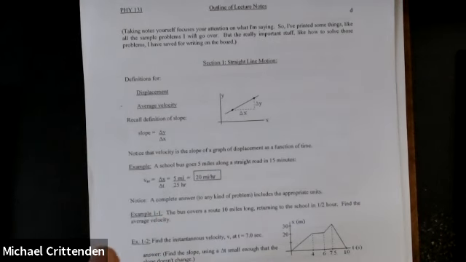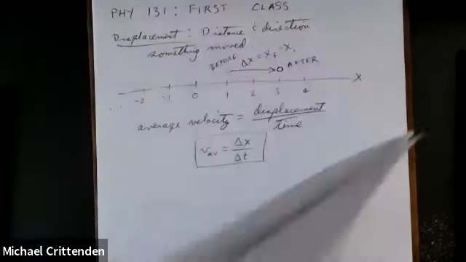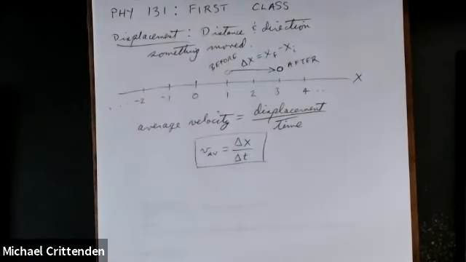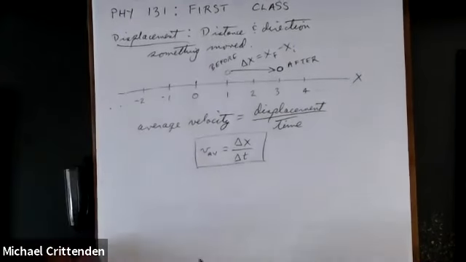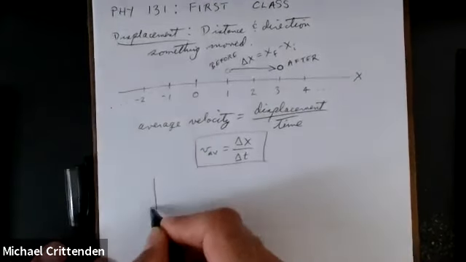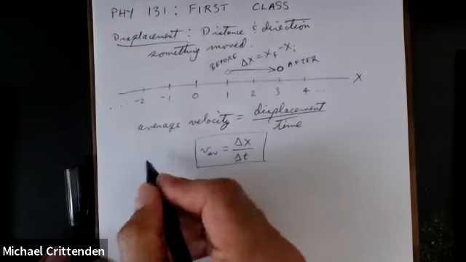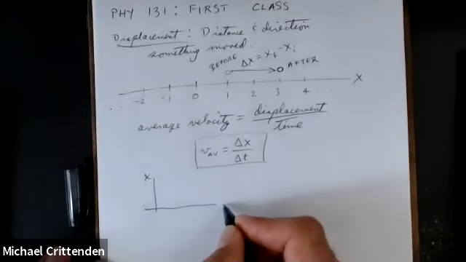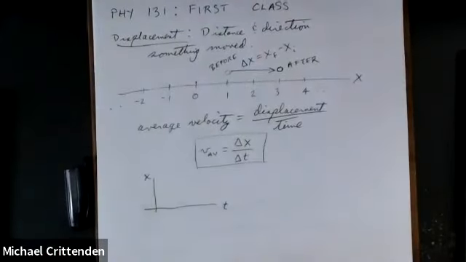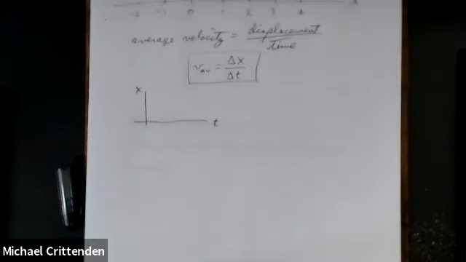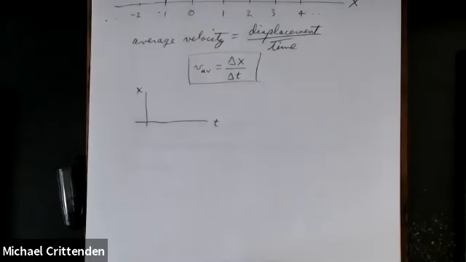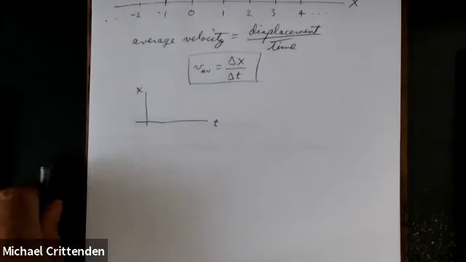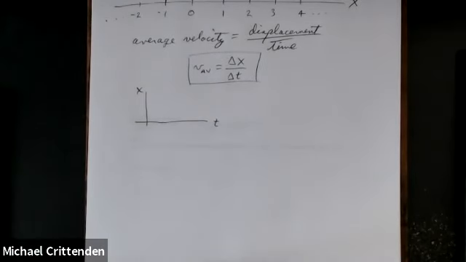Now, what if you don't have the axes labeled with the usual x and y? What if you set up a graph like this? Why would you do that? Well, because you want to graph where the car is located as a function of time.